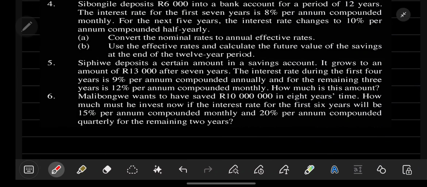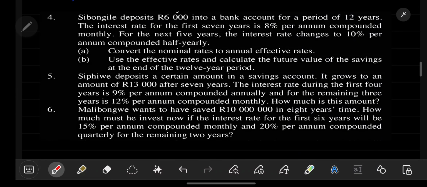If you are able to screenshot this, you are more than welcome to take a screenshot of this. And yeah, this is your exercise. Actually, it is a continuation of the previous work that we have done in the previous video. So we did number 1, 2 and 3. So now I just want you to continue to 4, 5 and 6.